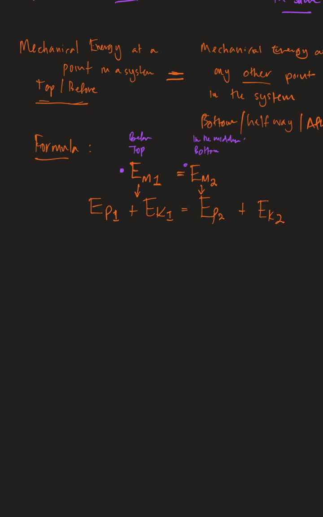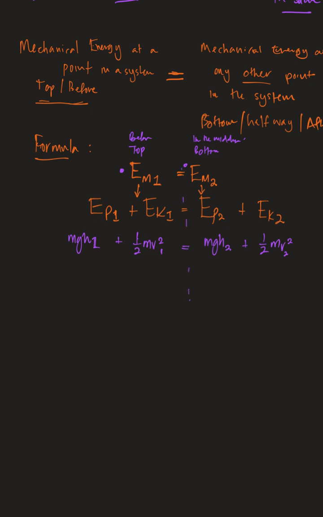Alright, so if I expand this, I've got MGH1 plus half MV squared 1 is equal to MGH2 plus half MV squared 2. Right, so the little 2's and the little 1's, they're just there to show you 2 points.